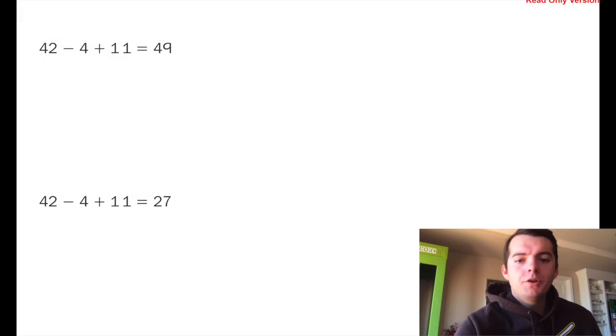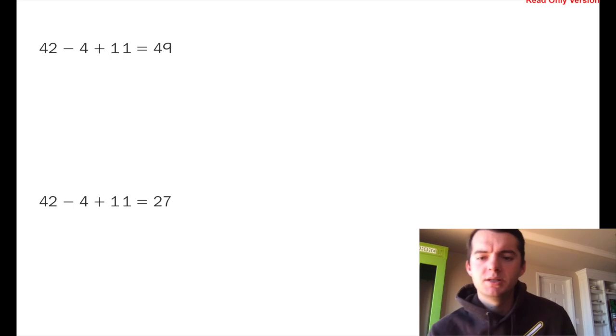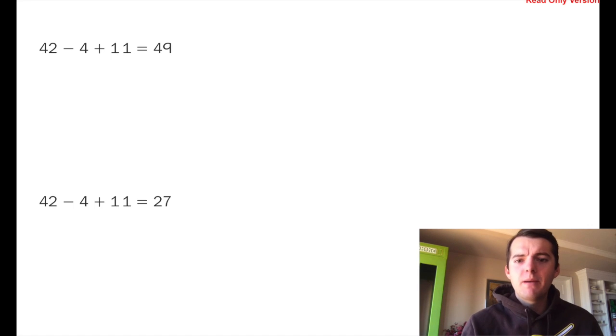So on the screen right now, I have two equations. Both are kind of similar, right? Both of them start with 42 minus 4 plus 11, but the first one equals 49 and the second one equals 27. Some of you might remember this, but with these, we have to figure out where we need to put parentheses in order to solve the problem.